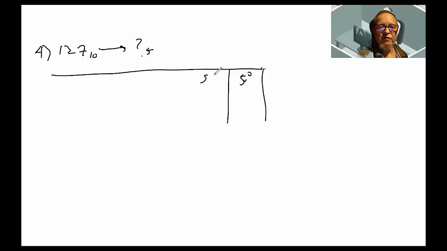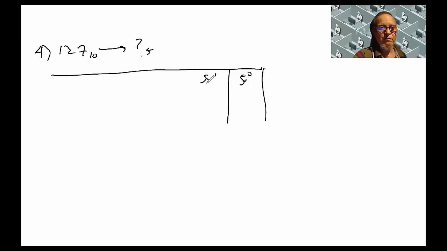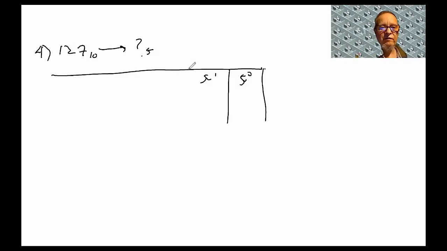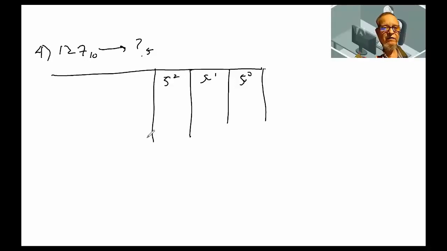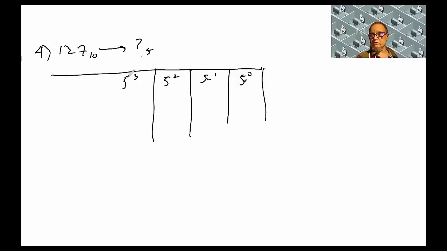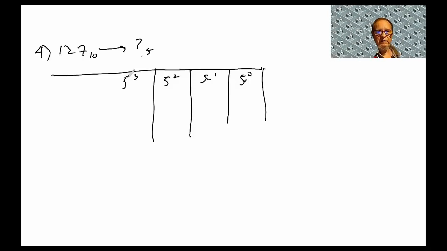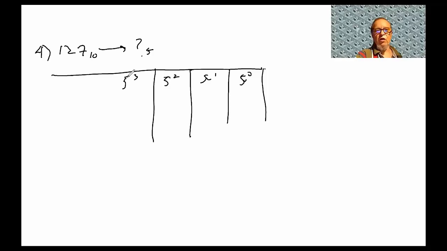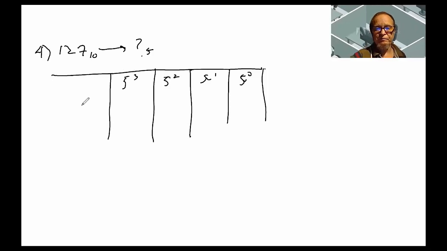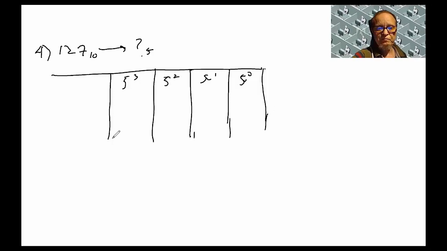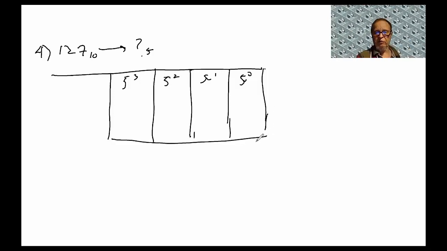And we go to 5 to the 1. We certainly have, 5 can go into that. 5 squared, that means 25 can go into that. And then 5 cubed, and 5 cubed is 125, so we're going to need the 5 cubed. But any higher than that is too high because it goes above 127. So we know to end it at 5 cubed. So I'll end my table there.